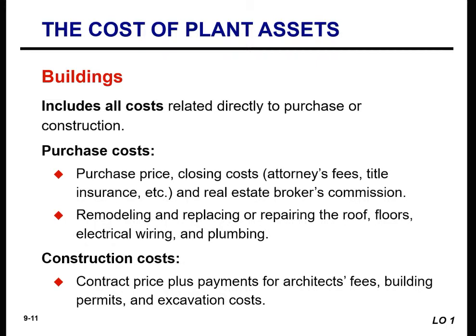When a building is purchased, such costs include their purchase price, closing costs, attorney's fees, title insurance, etc., and the real estate broker's commissions. When a new building is constructed, its cost consists of the contract price plus payments made by the owner for architect's fees, building permits, and excavation costs.